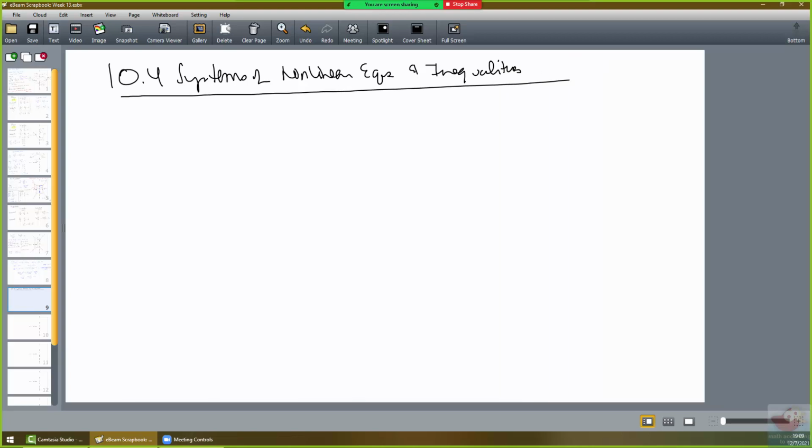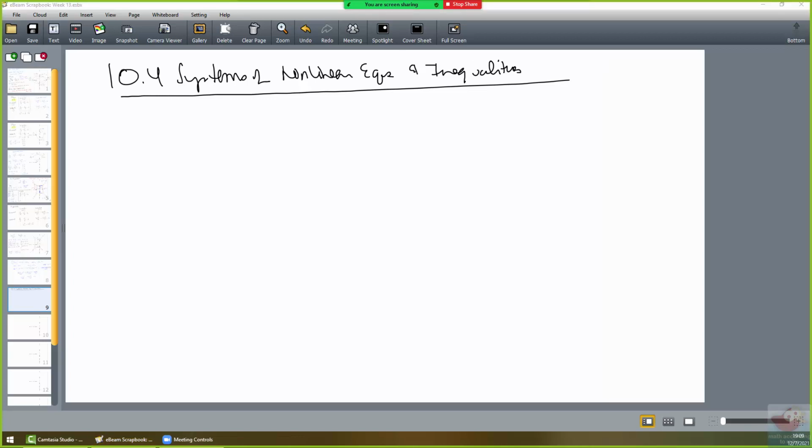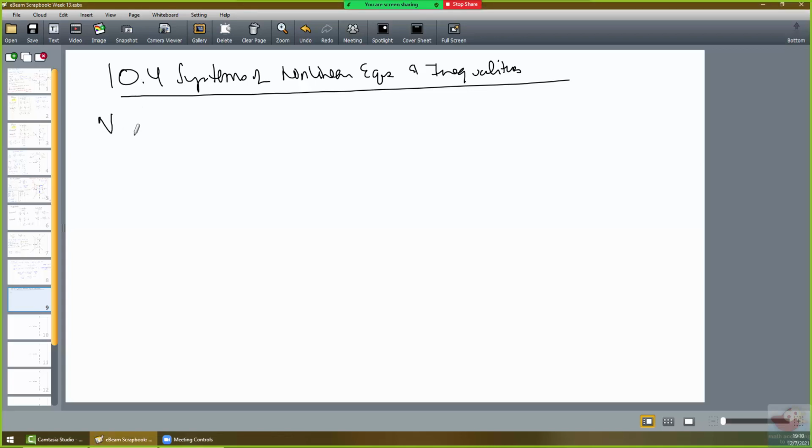Really no theory here. This is all just example after example. Let's first start off with the nonlinear equations.